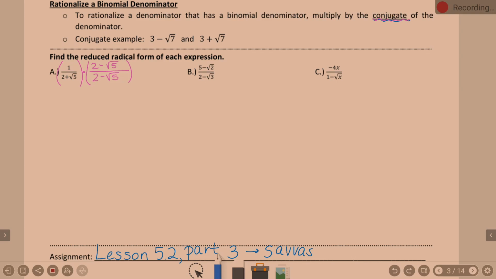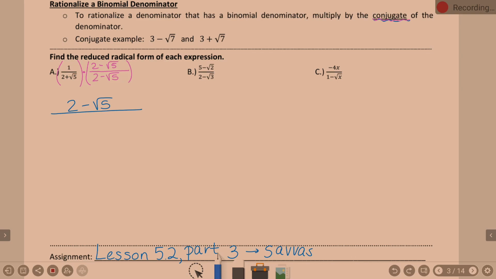On top, 1 times 2 minus square root of 5. What happens when you multiply by 1? Stays the same, doesn't it? So it's 1 times 2 minus 1 times the square root of 5, which is still 2 minus square root of 5.